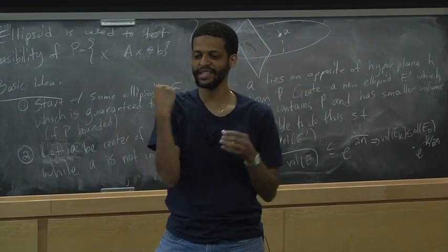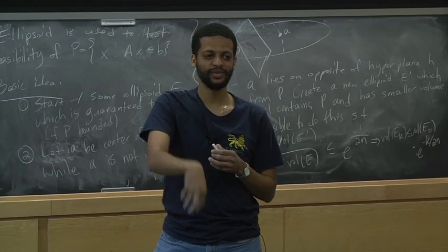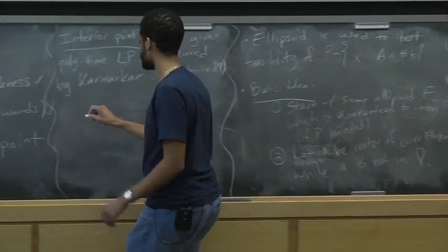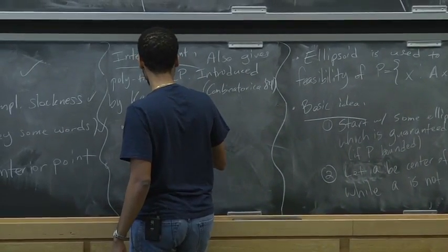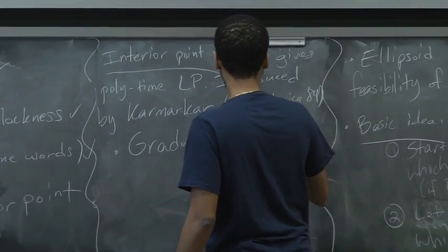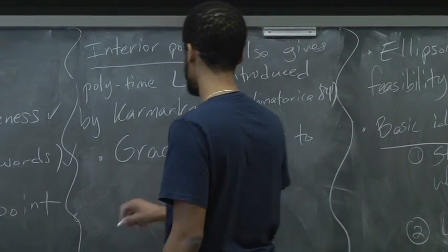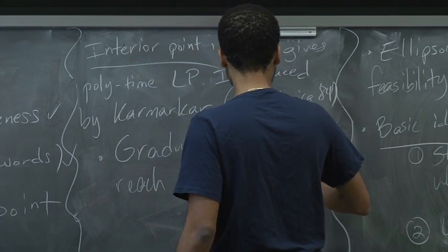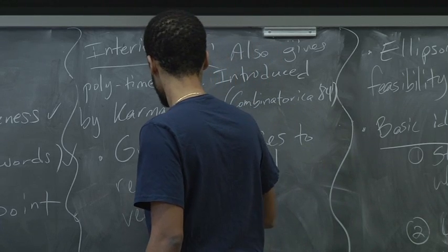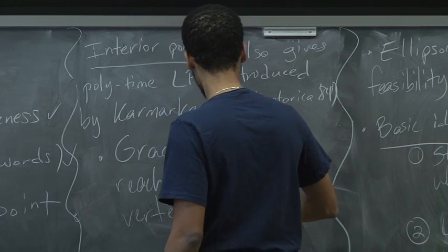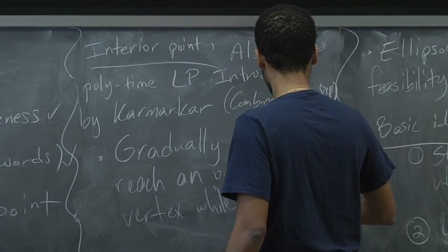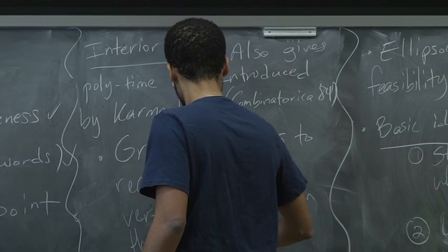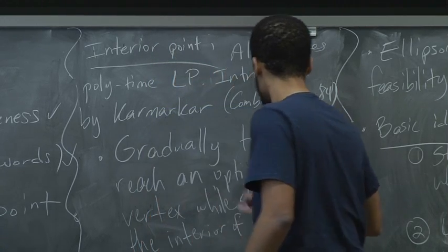So it tries to stay inside and gradually move toward a vertex from the inside, gradually trying to reach an optimal vertex while staying in the interior of P.